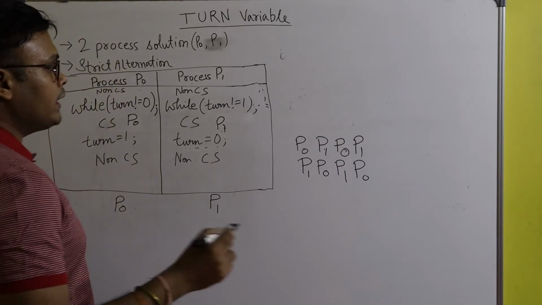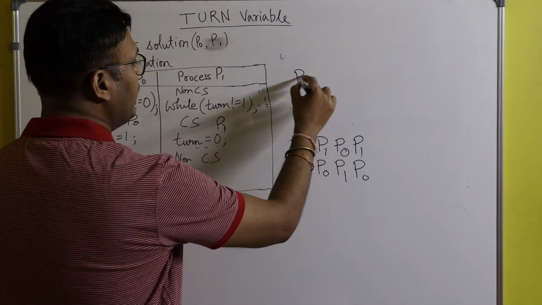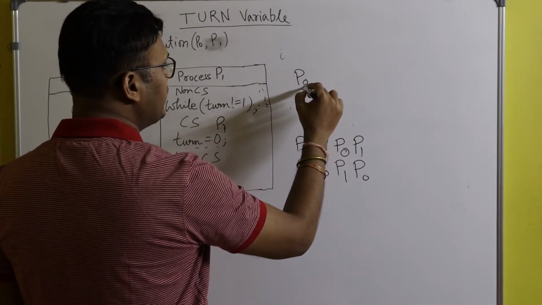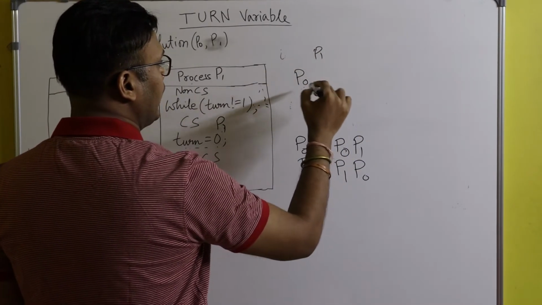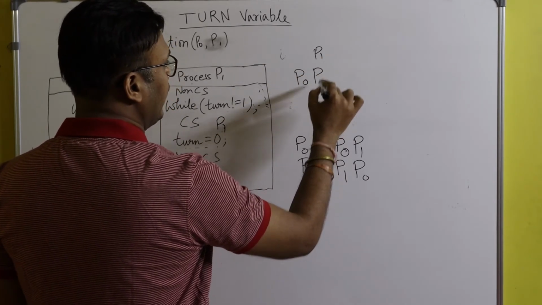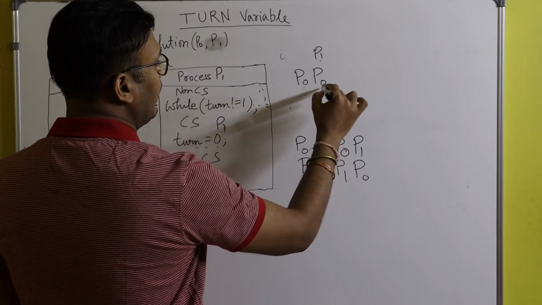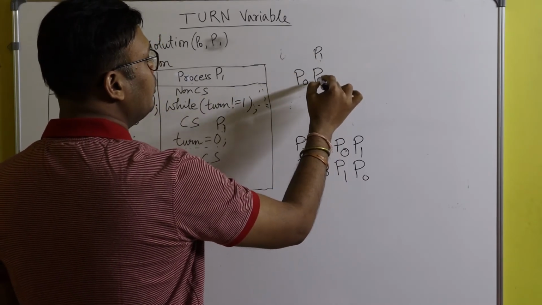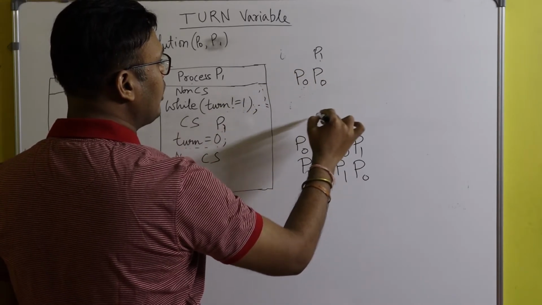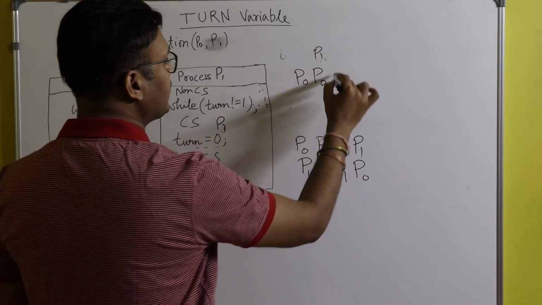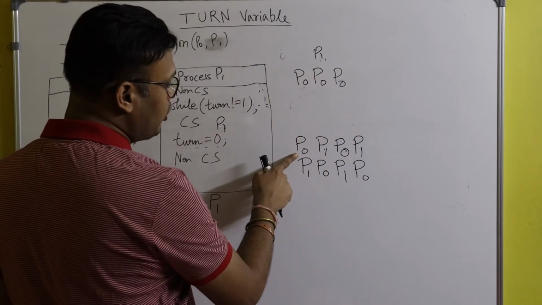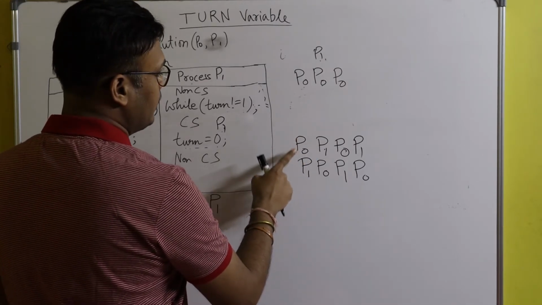It is not the case that P1 was waiting, and when P0 came out, again P0 got the entry, and P1 was still waiting to enter inside the critical section, and before P1 could enter, again P0 entered. These things are not happening. Here each process is getting the equal chance.